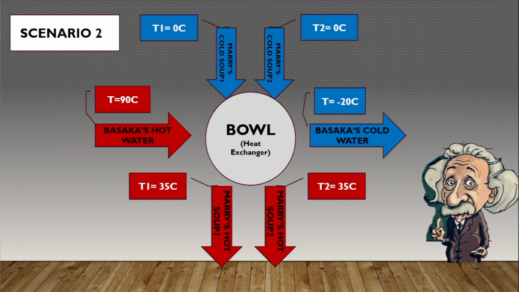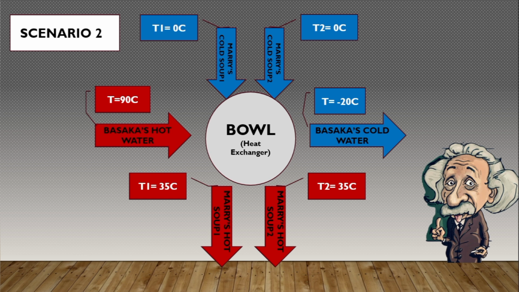The 2 bowls go inside the heat exchanger. Basaka's hot water goes into the heat exchanger, and this time around, if you do the little calculation, you could see that our change in temperature has a slight variation. The change in temperature for Mary's scenario is 35 Celsius, because to calculate the change in temperature for a substance, it's the final temperature minus the initial temperature.